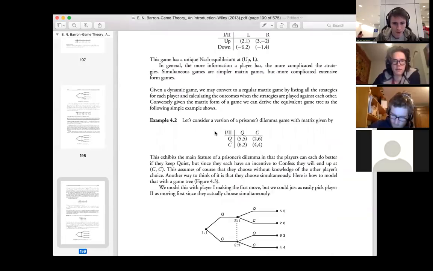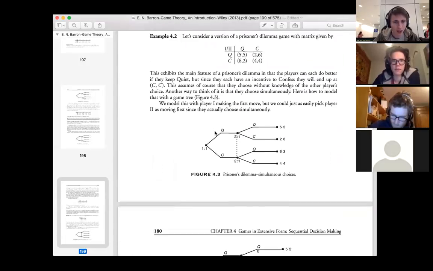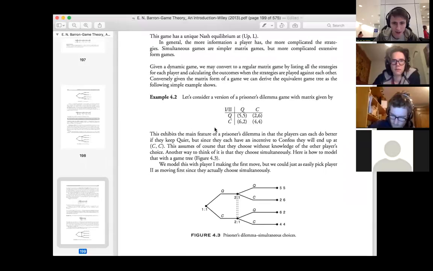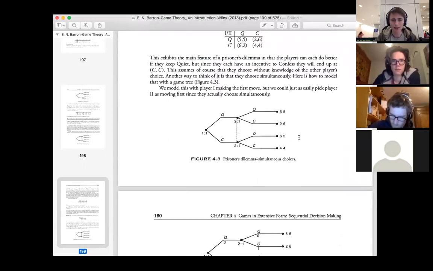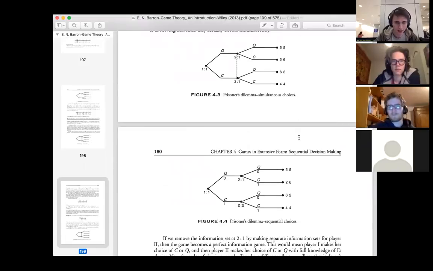Cool. And so the next part, essentially what this chapter does, we consider a prisoner's dilemma game, and we show that even in a sequential setting, the prisoner's dilemma still holds. Because in a sequential setting, player 1 is either going to confess or not confess, and then for player 2, it's always in their interest to confess once again.